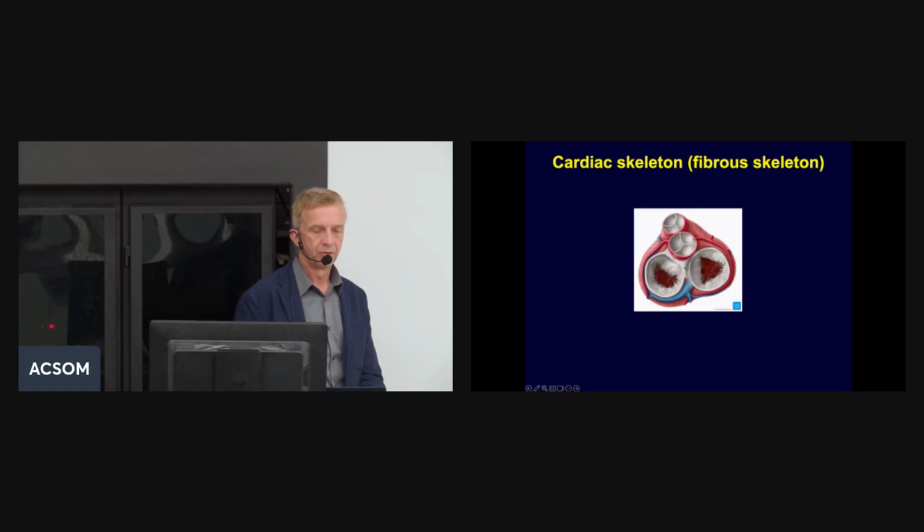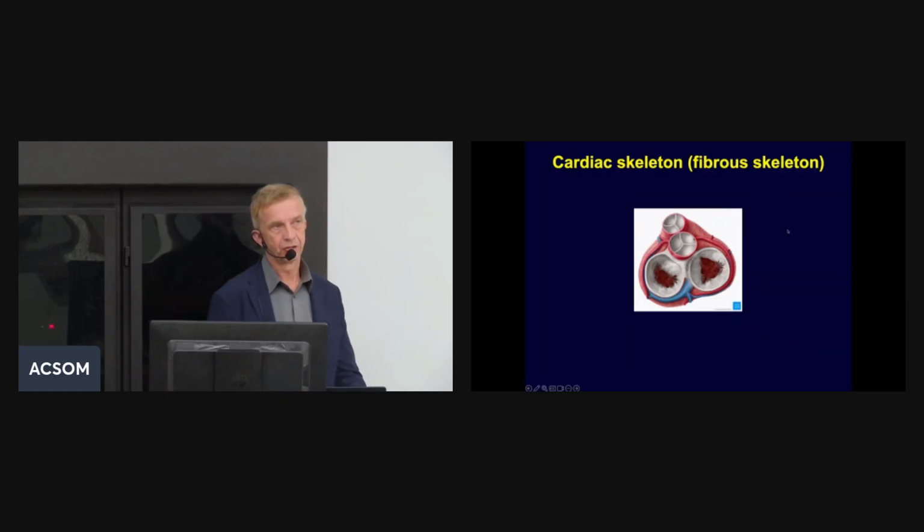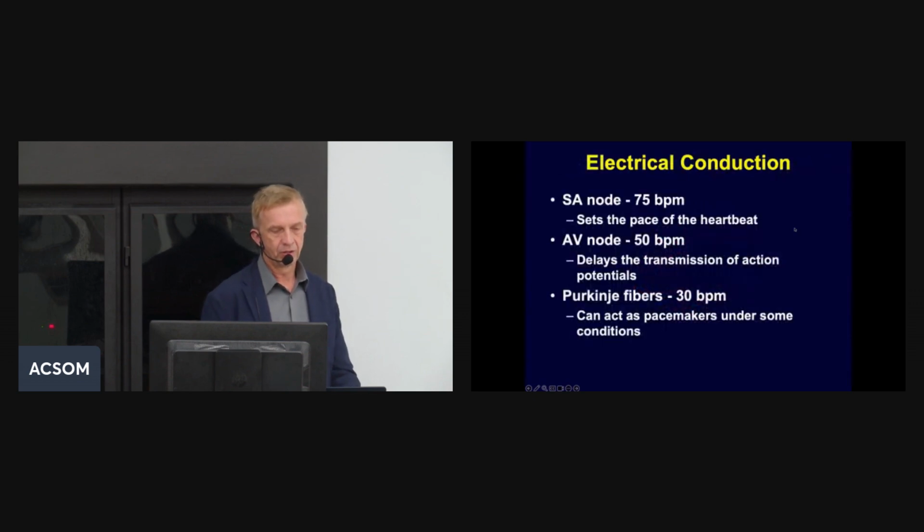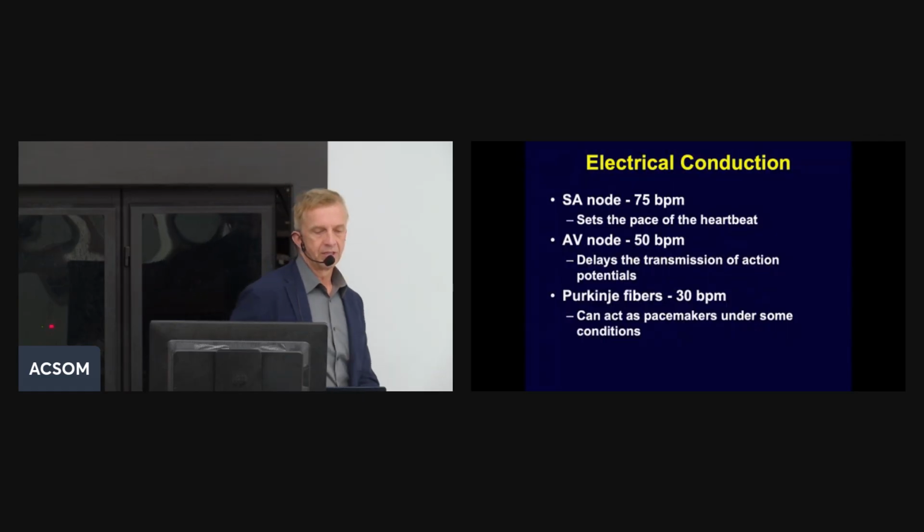So there is no possibility of conducting electrical impulse unless patients have this called accessory pathway, which we discussed yesterday. And we talked about this briefly 2 days ago. Normal rates in this sinus node, the AV node, the rate is lower, and in Purkinje fibers or in the ventricles, the intrinsic rate is even lower, usually in between 30 to 40 beats per minute.